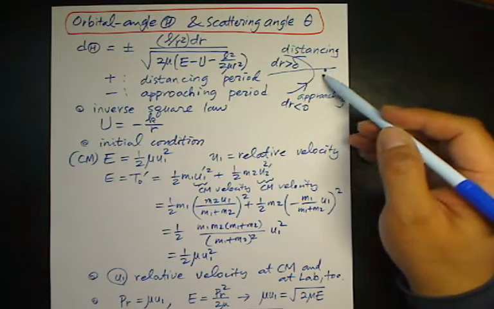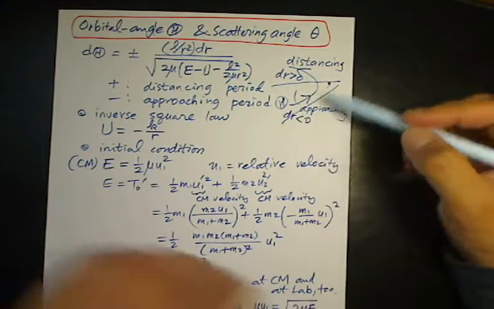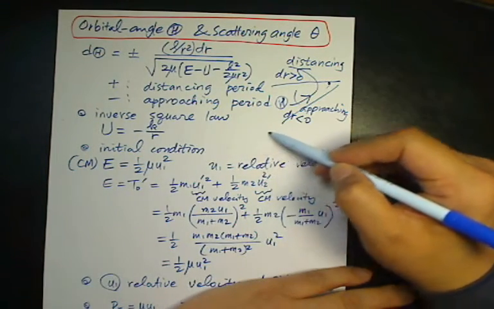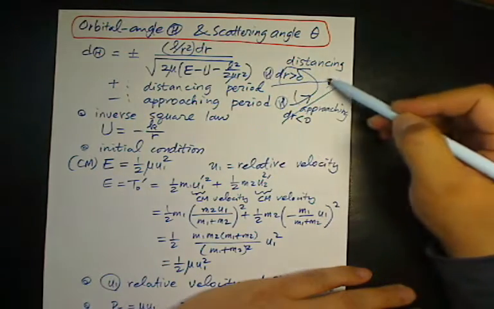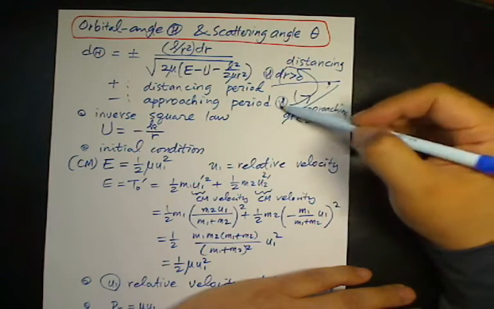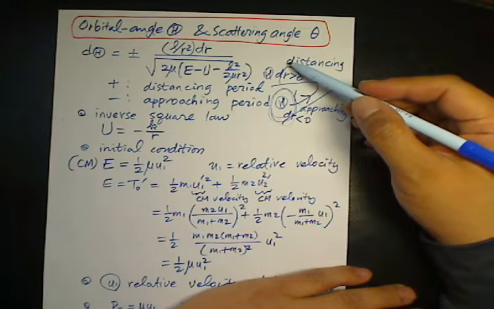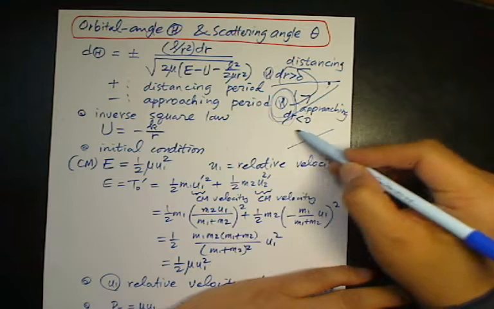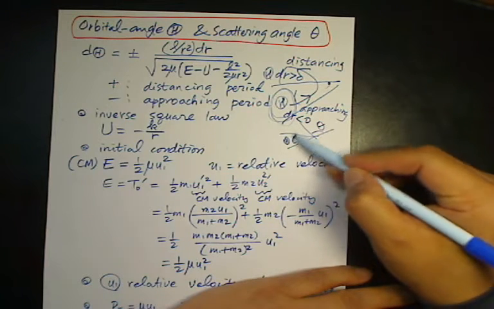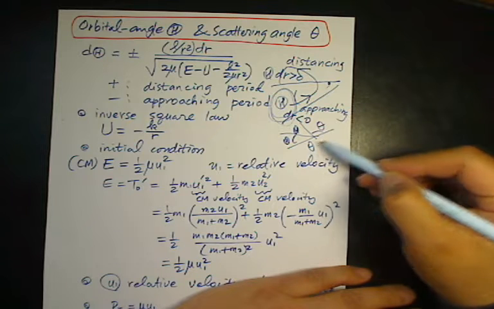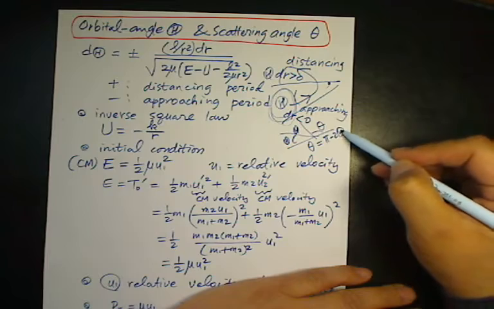We are interested in the big theta from infinity to r minimum, and the same big theta from r minimum to infinity. We can compute this single one and multiply by 2, and after that we have the scattering angle theta. There is a big theta, so the scattering angle theta should be obtained from pi minus 2 big theta, right?